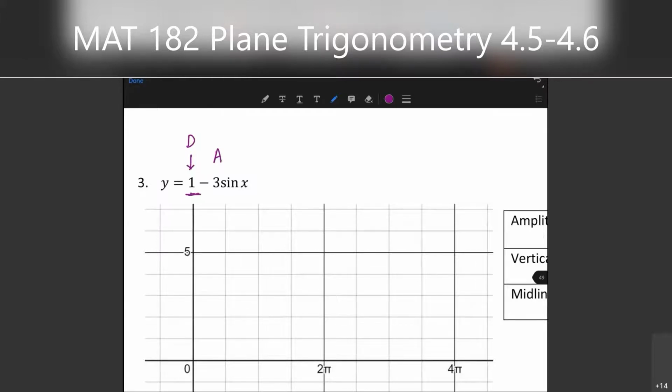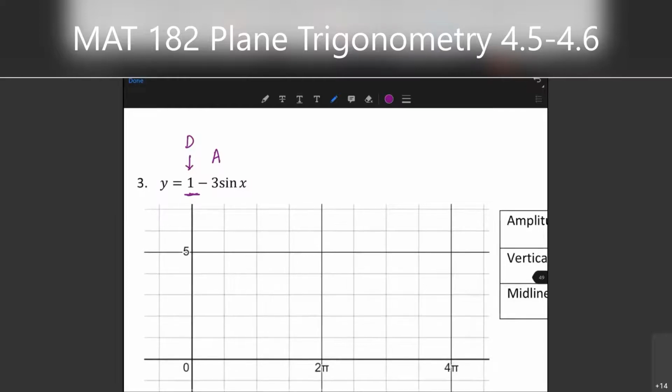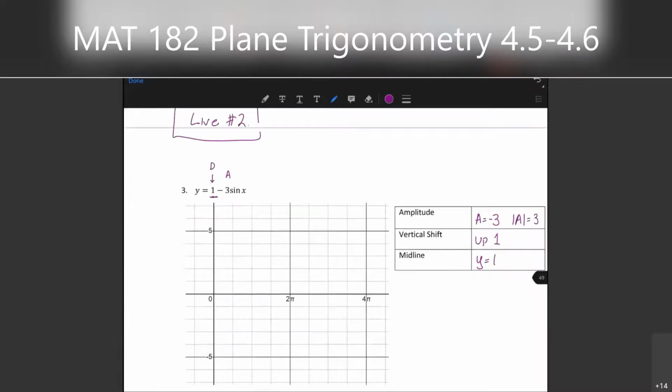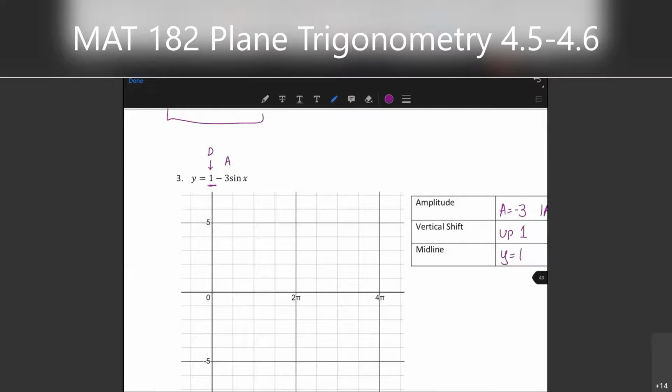The negative still just applies to the 3. The 1 itself is still positive. So we're still going up 1 unit, or y is equal to 1 for that midline. If we shift 1 unit up, again, that midline is at y equals 1.